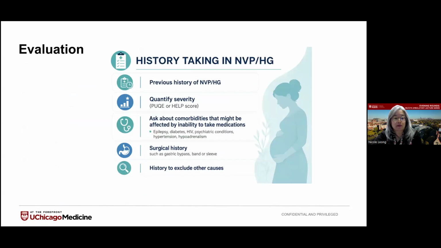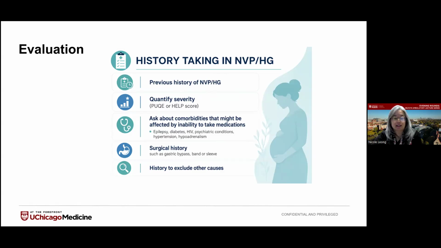Okay, so when you are talking to somebody on the phone, they're calling in and they're reporting these types of symptoms, these are the sorts of things that we should be triaging, asking about their history. So if this is not someone's first pregnancy, ask, did you have nausea and vomiting in pregnancy or hyperemesis in previous pregnancies?